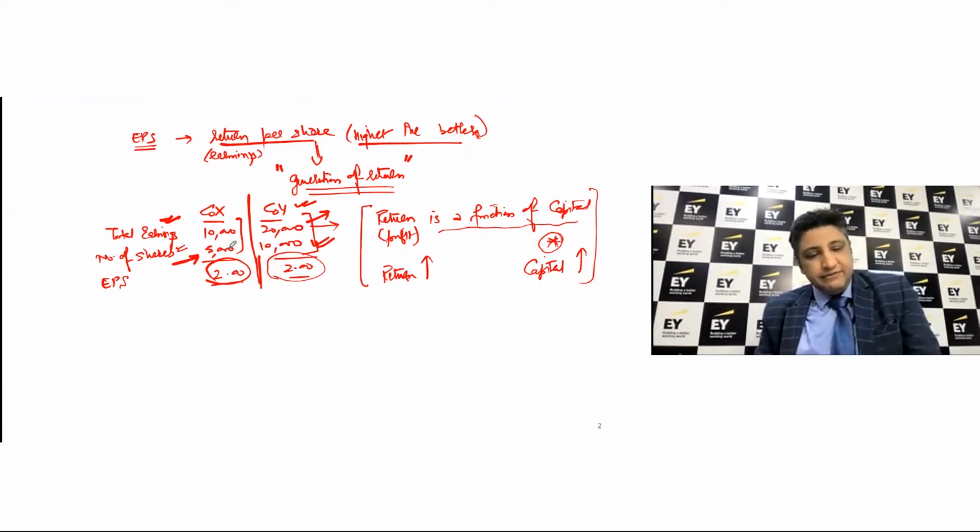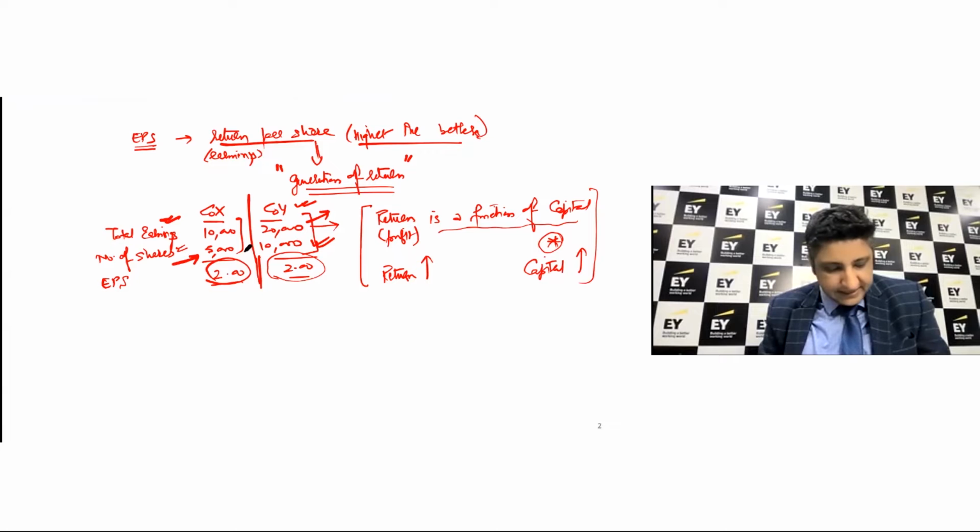Since we are referring to earnings per share, we are focusing purely on the return from the share side. Company X, with 5,000 shares, is able to generate a profit of 10,000.